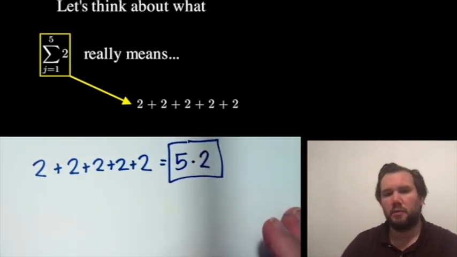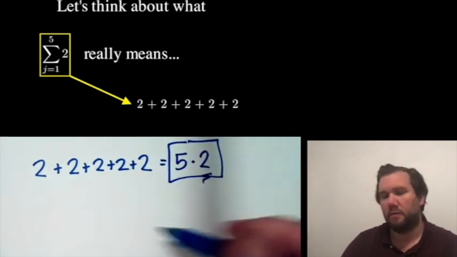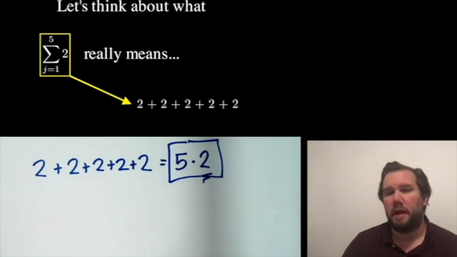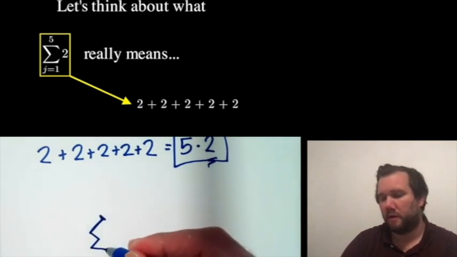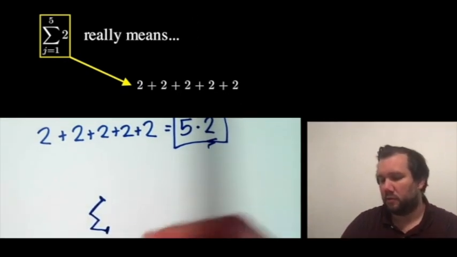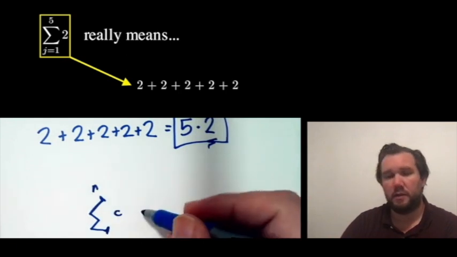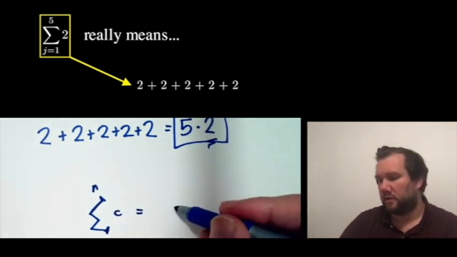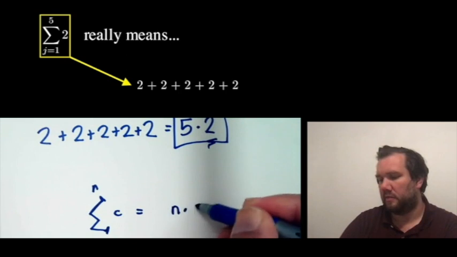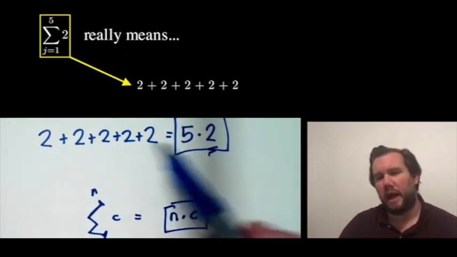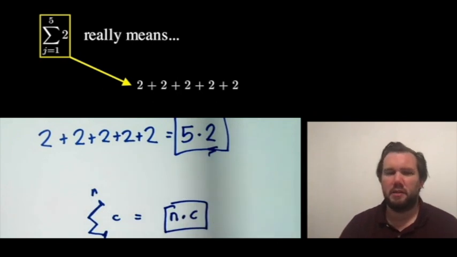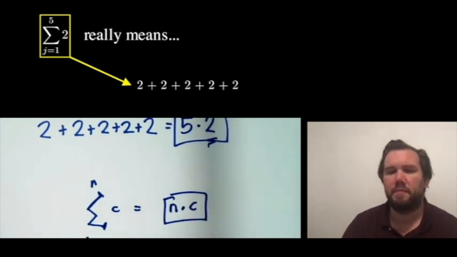What's happening is we're multiplying our constant value, which in this case is 2, by however many times we're adding it together. So when we see this symbolic expression, that the sum from j equals 1 to n of a constant value c is just n times c, that's this pattern that we could act out. It's just compressed into a symbolic form.